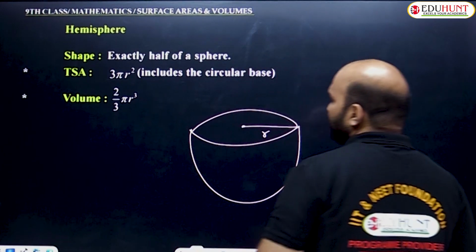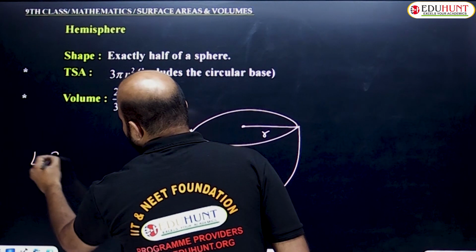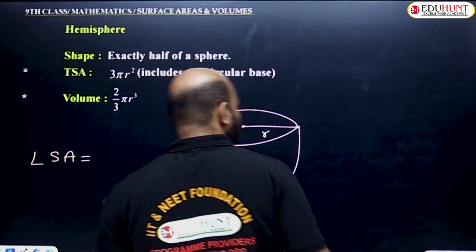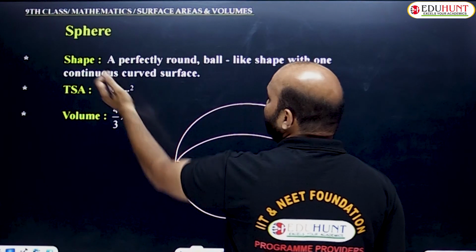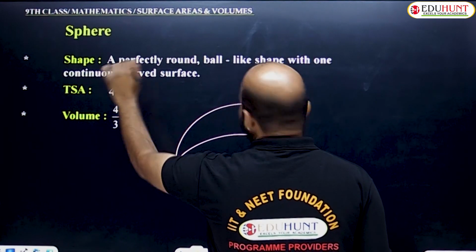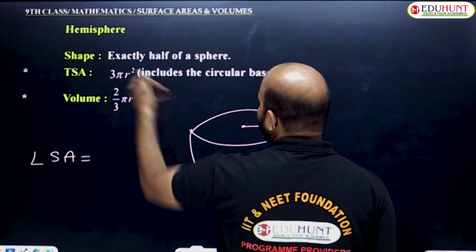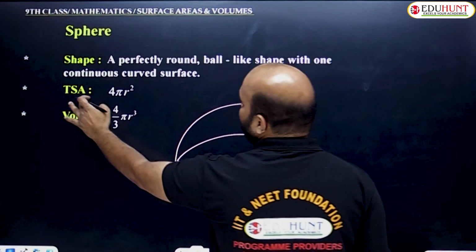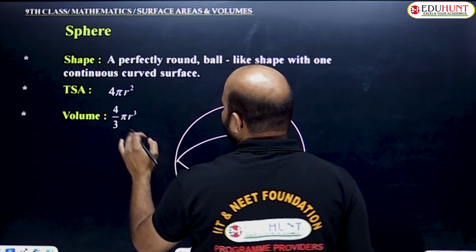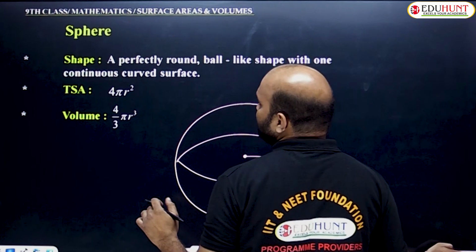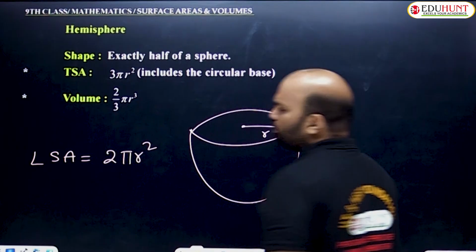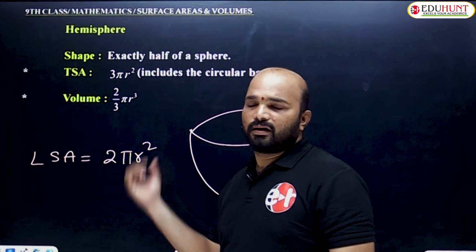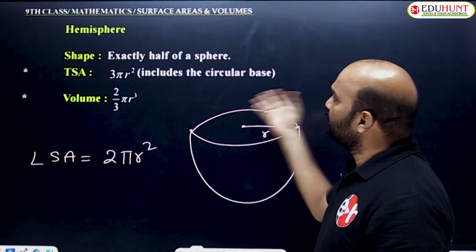Before that, first, the lateral surface area, very important here. The lateral surface area equals half of the total surface area of the sphere. The total surface area of a sphere is 4 pi r square, and half of that value, 2 pi r square, is the lateral surface area or curved surface area of a hemisphere.